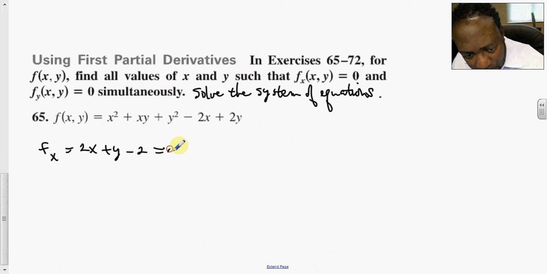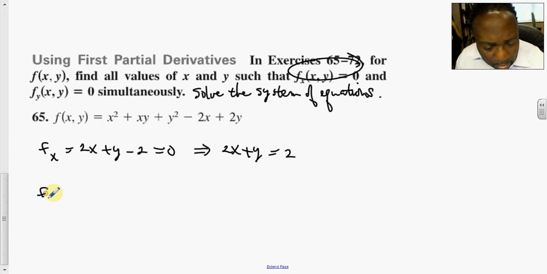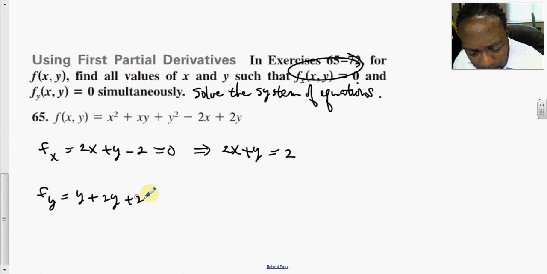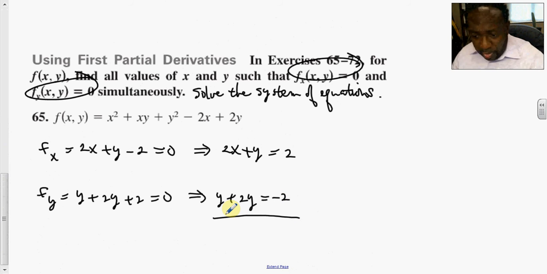You're going to set that equal to 0 according to the instructions. So when you do that, this implies that we have 2x plus y is equal to 2. Now the partial of f with respect to y, this is x plus 2y plus 2. It's set equal to 0 from the instructions. So this implies that we have x plus 2y is equal to negative 2. So we have a system of equations that we solve.